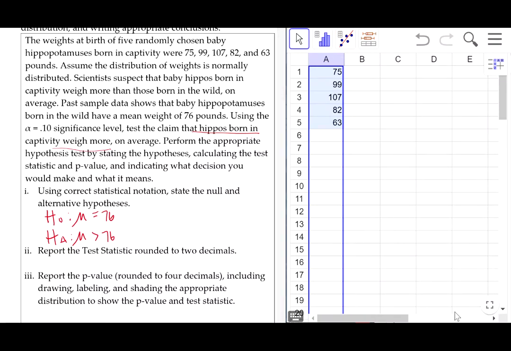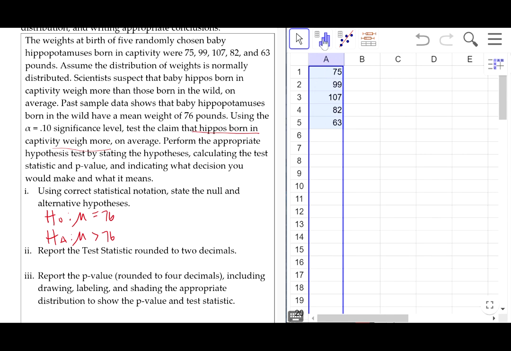In order to compute the test statistic and the p-value using one of our procedures in the probability calculator, we need the mean and the standard deviation from the sample. So I'm first going to calculate that. I've entered these 5 weights of the hippopotamuses born in captivity, 75, 99, 107, 82, and 83.